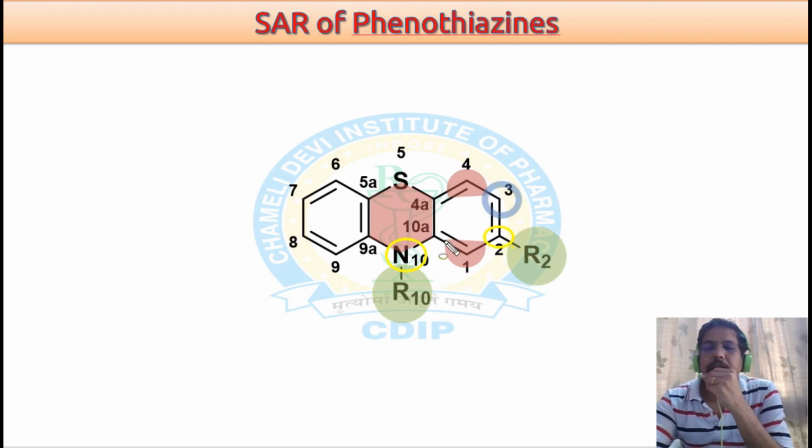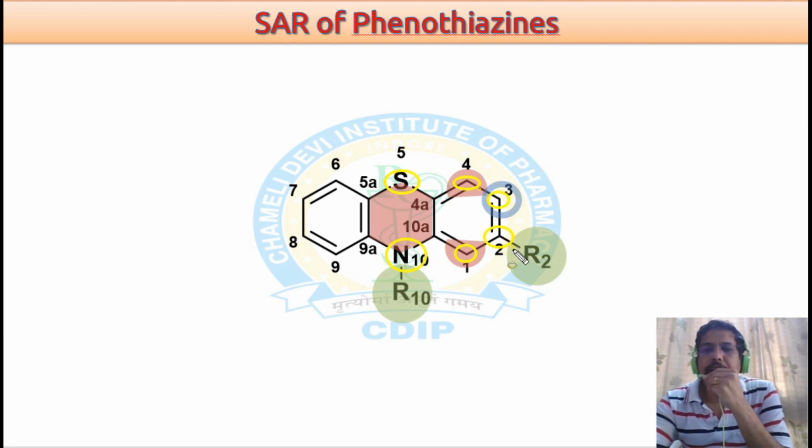Apart from that, the modification is also feasible on the carbon 1, carbon 3, carbon 4 and sulfur. So these modifications are possible.